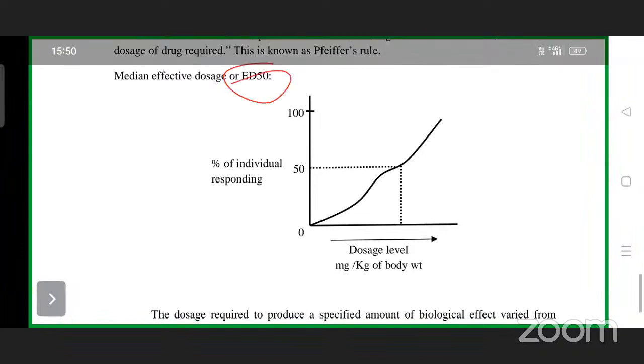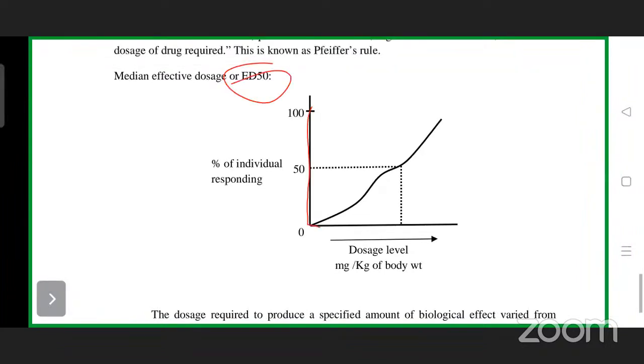Here you see, on this particular x-axis we are taking the dosage level. The dosage level is taken in milligram per kg of body weight. So generally we'll consider the body weight also.